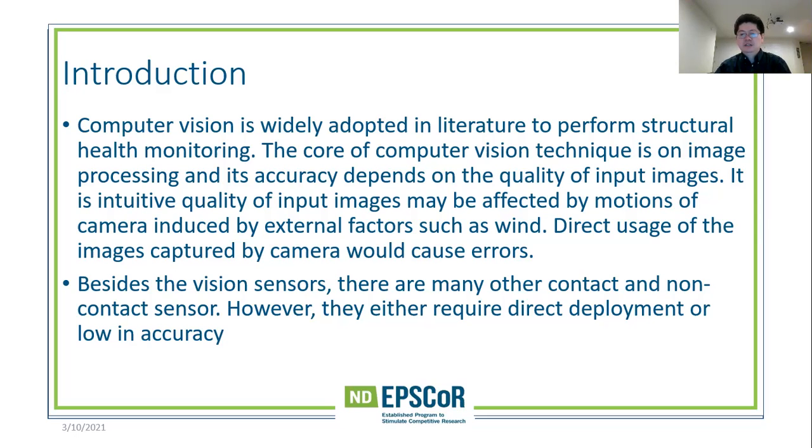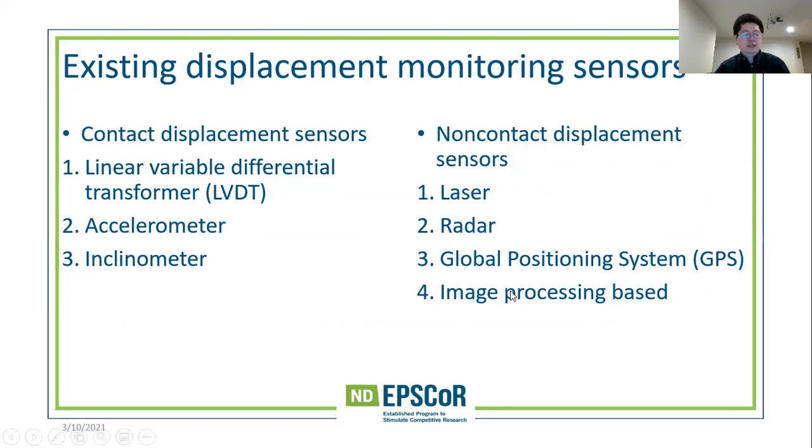Besides the vision sensors, there are many other kinetic and non-kinetic sensors, right? They are either directly deployed on the surface, and they also have another drawback, which is low accuracy. The kinetic displacement sensors include LVDTs, accelerometers, inclinometers, and strain gauges too. Those are the sensors put on the surface of the structure. The second category is what we call non-kinetic displacement sensors.